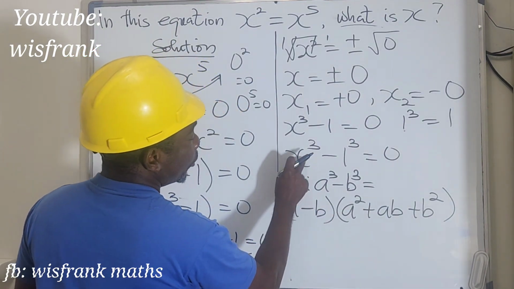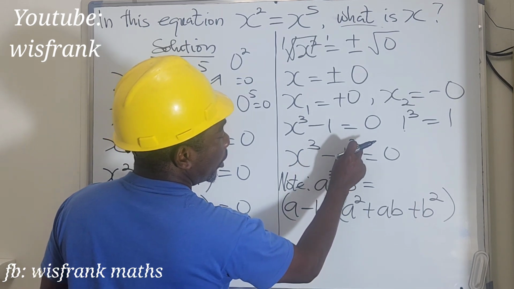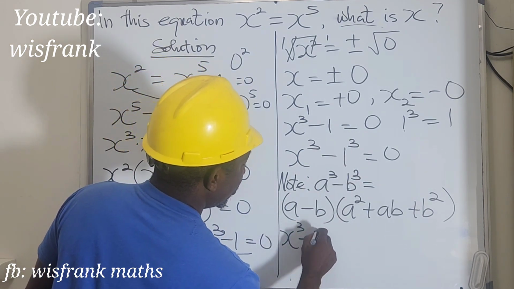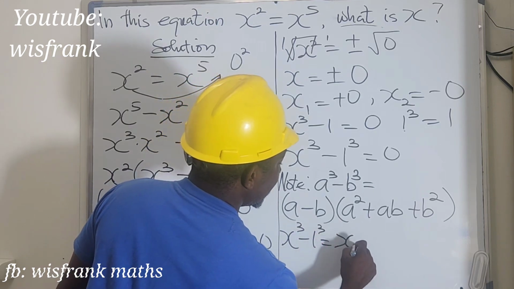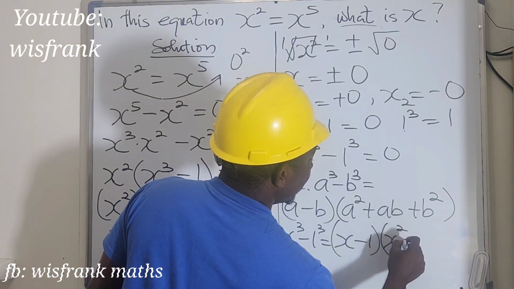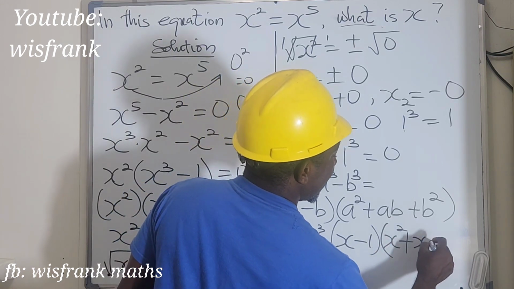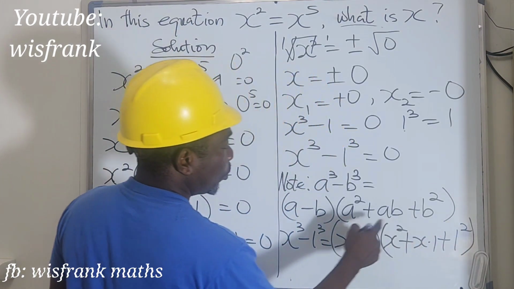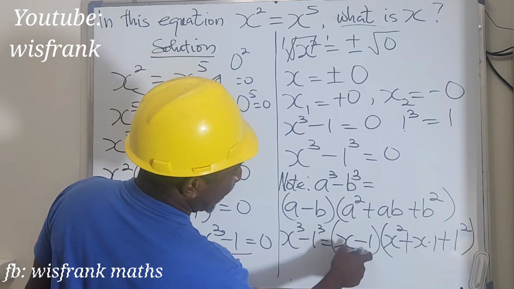Therefore, x to the power of 3 minus 1 to the power of 3 will be x minus 1 into x squared plus x times 1 plus 1 squared. So that is what we have. So now I can expand this.